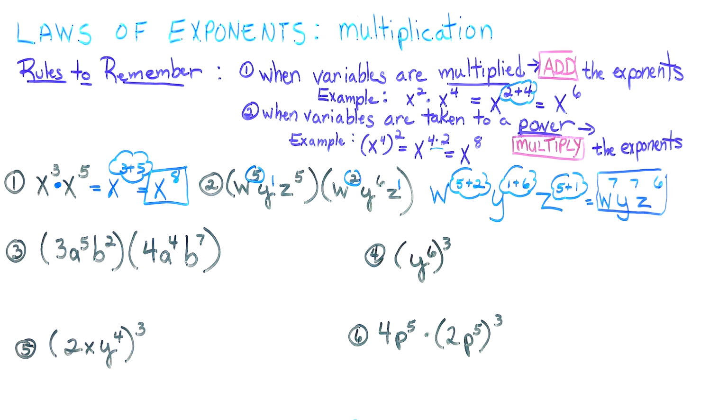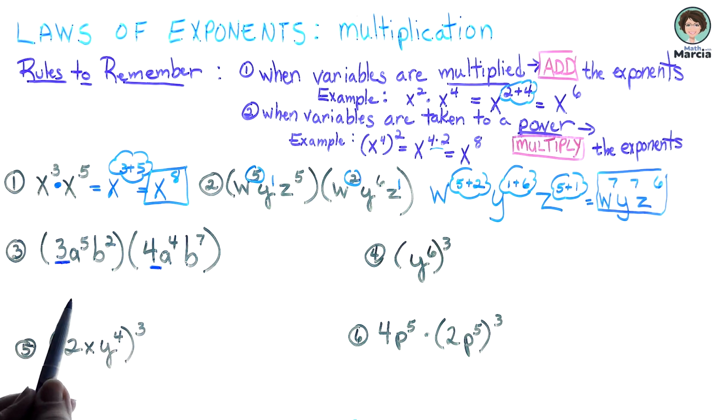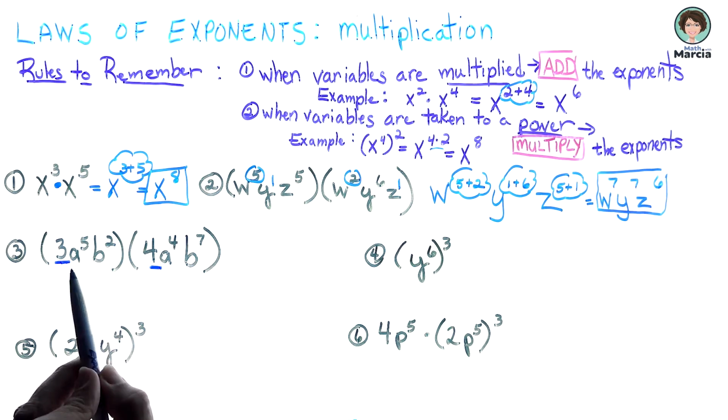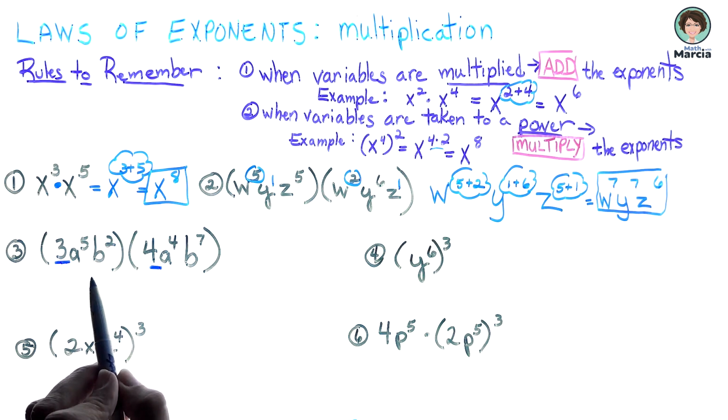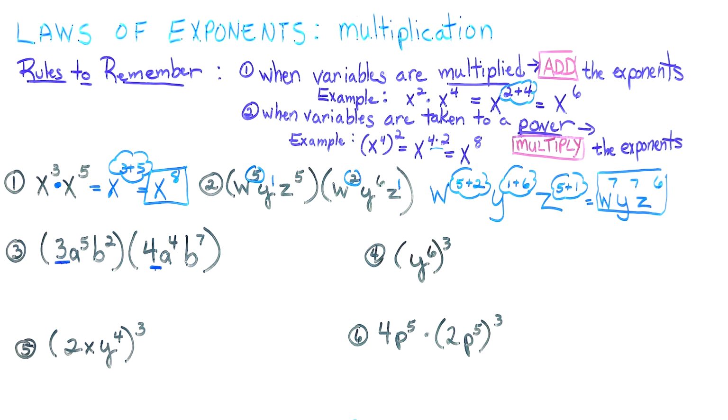So looking at number 3, other than variables, we have coefficients. Well, when we multiply variables, we add the exponents. However, the coefficients, we just multiply them like we ordinarily would. So looking at this problem, I have 12, and I'm going to put my letter a.